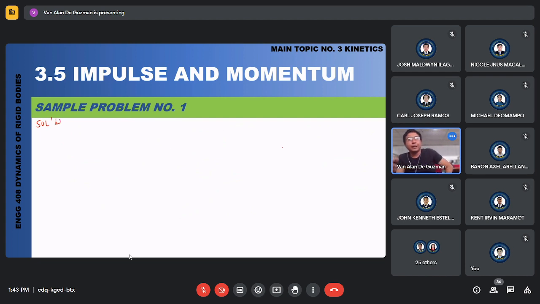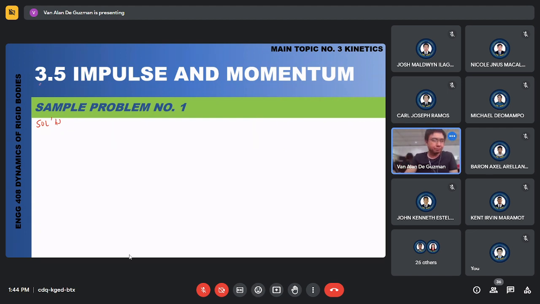Ngayon, our motion is associated with the horizontal axis. Yung motion natin, it occurs kasi yung ating motion naman to the right lang. Pakanan. So, yung ating motion, let's try to solve yung ating motion.